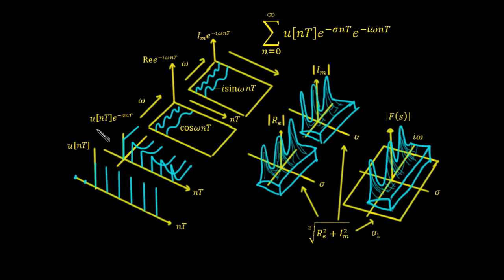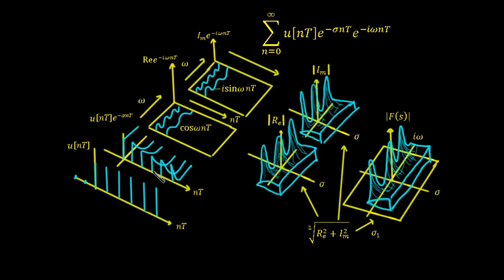Now this is going to multiply the e to the minus sigma t surface, but it's no longer e to the minus sigma t, it's e to the minus sigma nT. So we can see that this surface here now becomes discrete, so it's discrete in the time domain, but of course it's still continuous in this sigma axis.